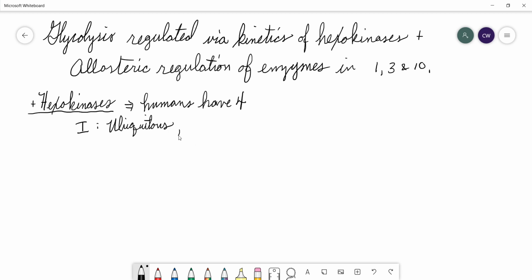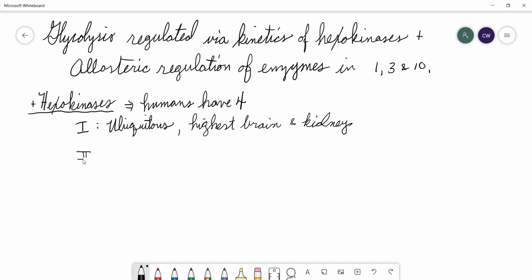But the highest concentrations of this particular enzyme are found in the brain and kidneys. So hexokinase 1 is most concentrated in those 2 organ systems.